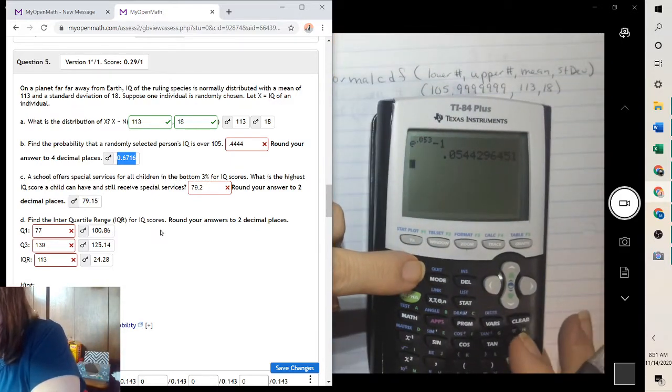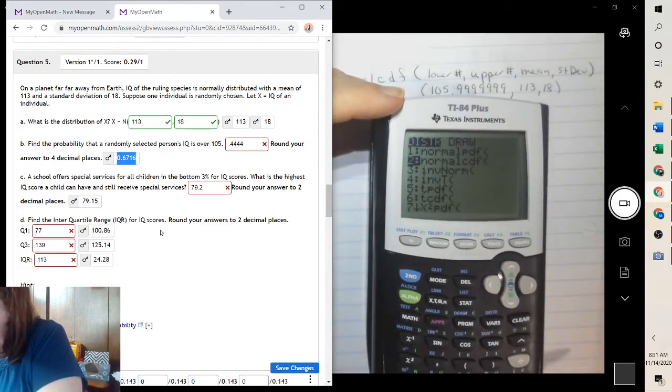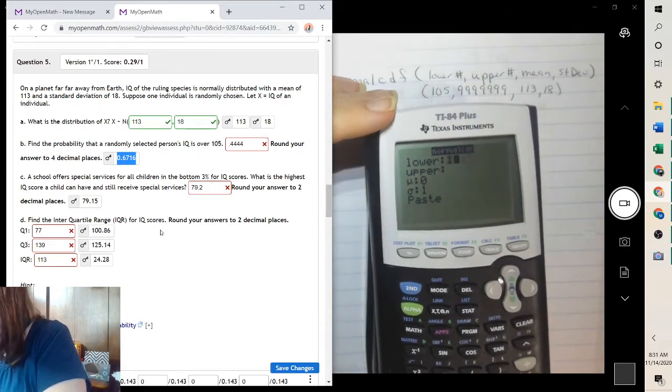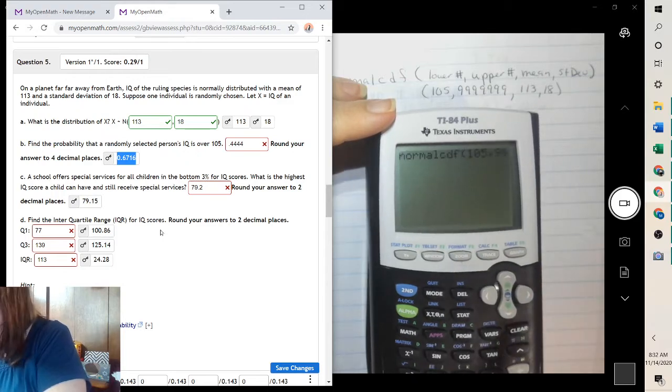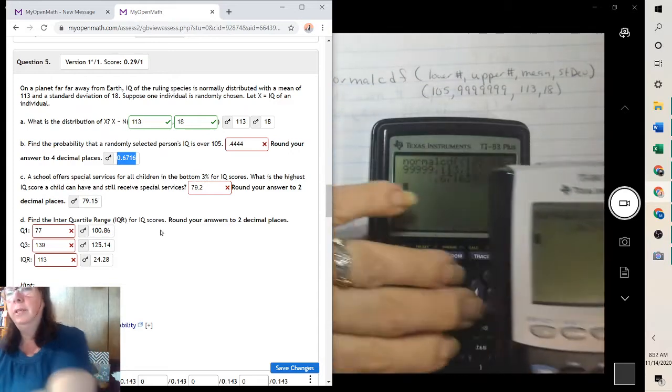When you go into second, distribution, it asks you for your lower, your upper. So our lower was 105. Upper is all those 9s. The mean was 113, and the standard deviation was 18. And you paste it, and it puts it in, and then you hit enter, and there's your answer. So it's set up a little nicer.